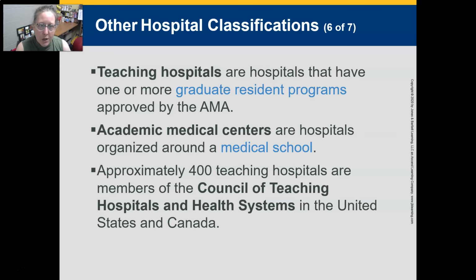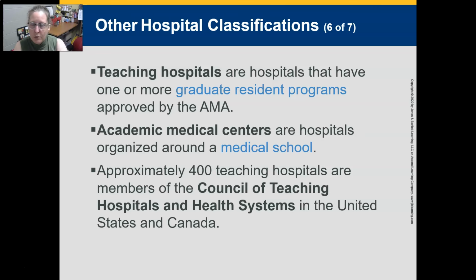We also have teaching hospitals. These are hospitals that have one or more graduate resident programs that are approved by the AMA. So doctors that have just recently graduated from med school can do their residency there. Academic medical centers are hospitals that are organized around a medical school, and so students may do their clinical practicums there before they have graduated.